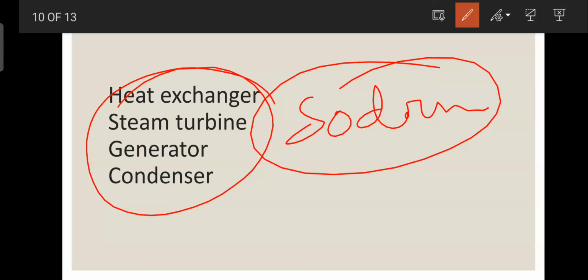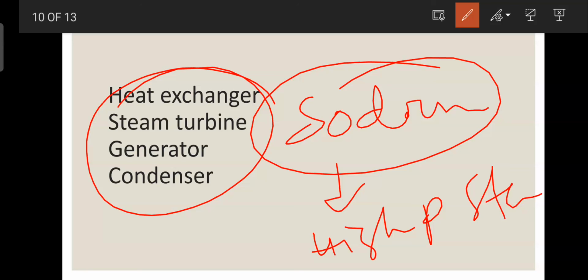Okay, so water will be converted into high pressure steam, and that steam will run our turbine, and that turbine will be connected to a generator so that electrical energy will be generated.